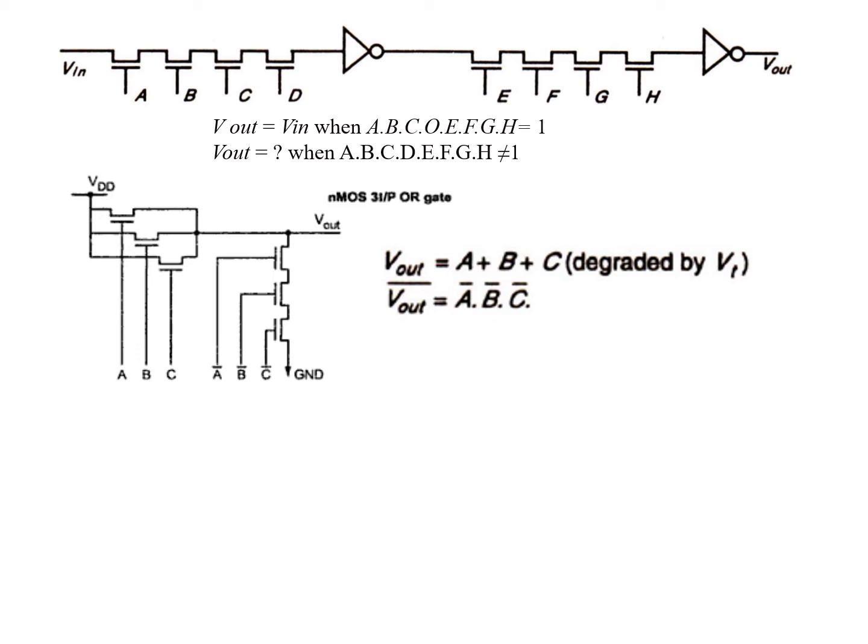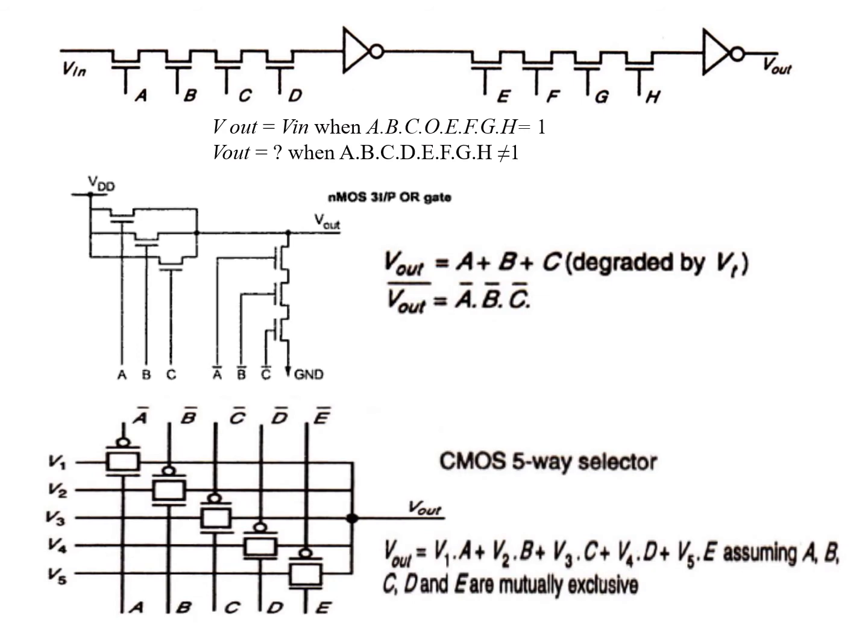Now if A bar, B bar, C bar are 1, that means the series part is in off state and output will be VDD. So this is one type of example wherein you are actually passing in the switch in the on and off condition.